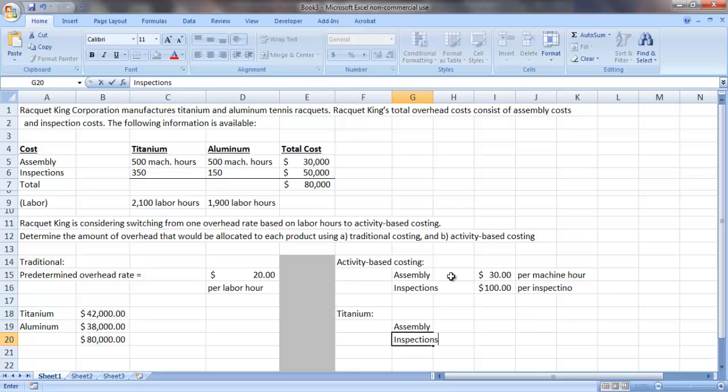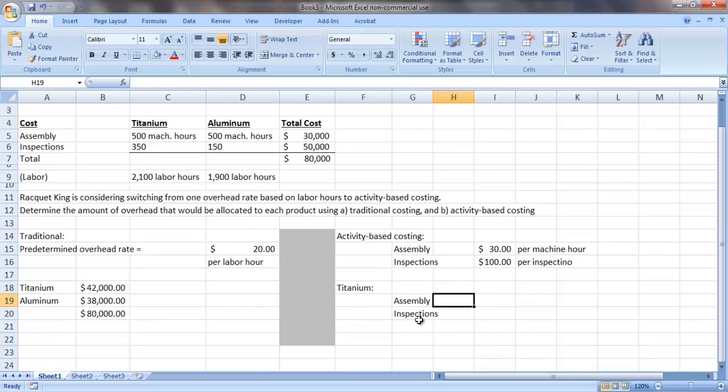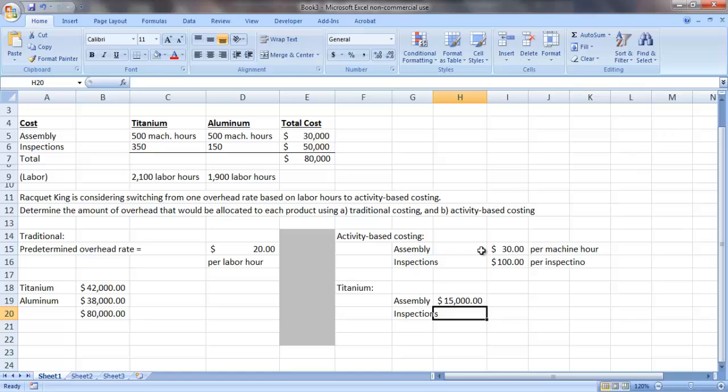So if we look at the titanium product first, it required 500 machine hours in the assembly cost pool. So 500 machine hours of activity times the $30 per machine hour activity rate for assembly means we're allocating $15,000 to the titanium product for assembly.